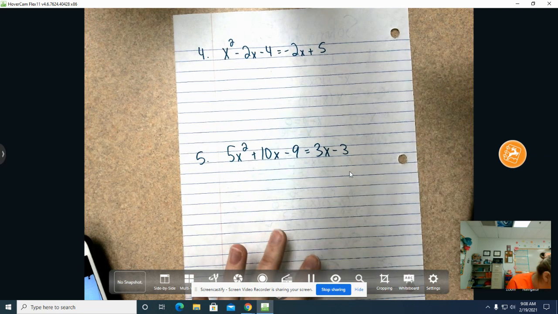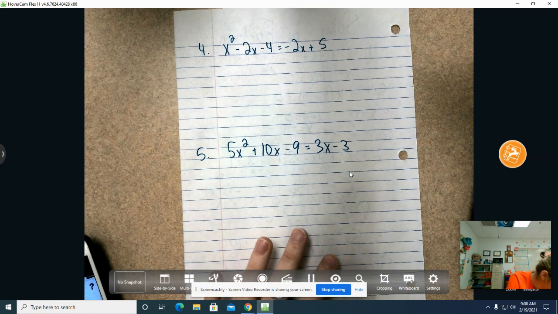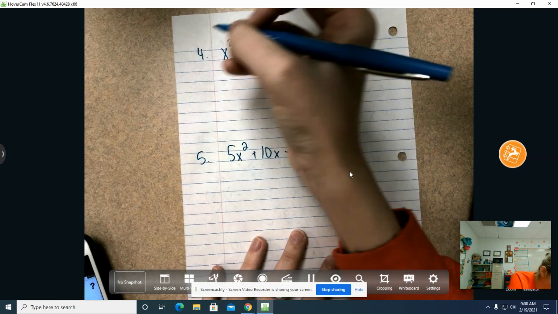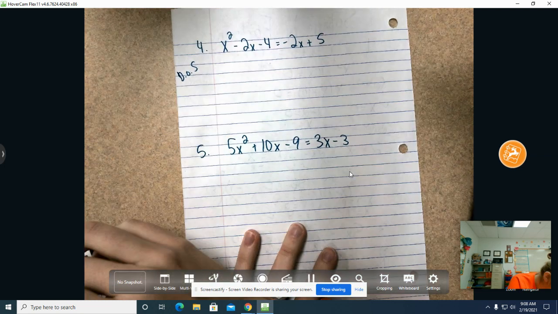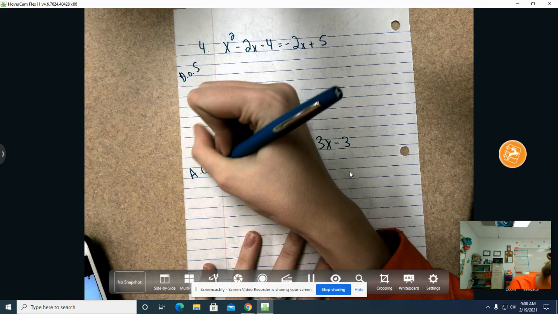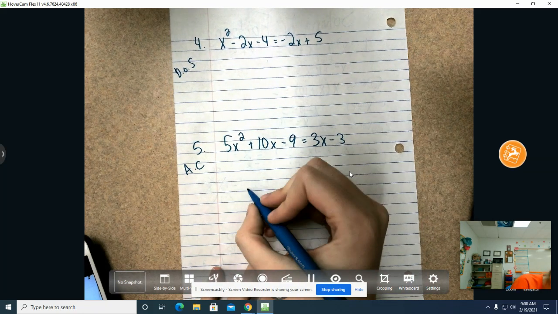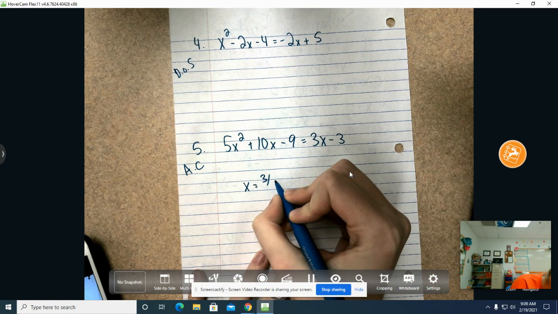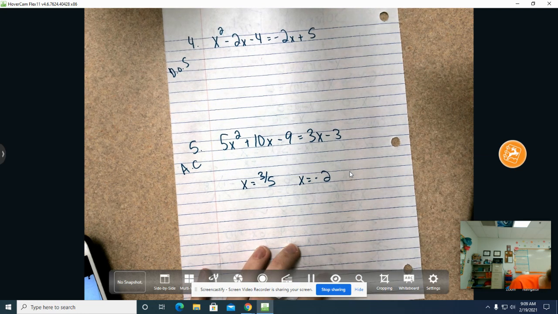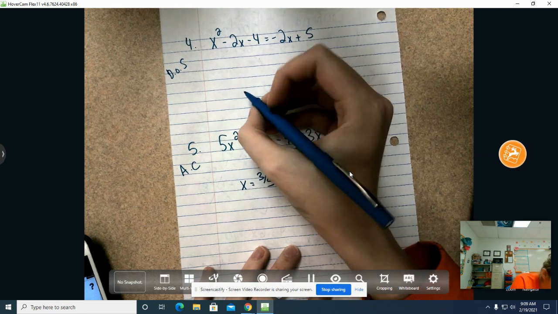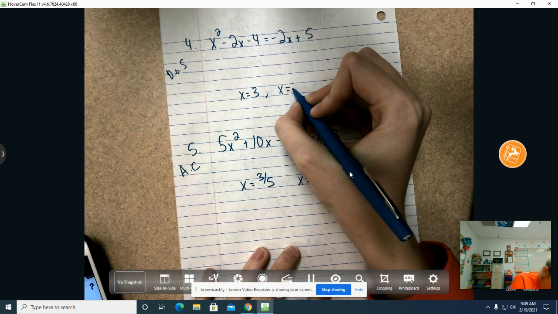So I want you to try both of these independently. And for this one, you're going to have to do difference of squares as a hint. So difference of squares. And this one is going to be a C factoring. When you do this, you should get your answer for number 5 as x equals 3/5 and x equals negative 2. That's how you'll know if you got that one right. And then for this one, you should get x equals 3 and x equals negative 3.